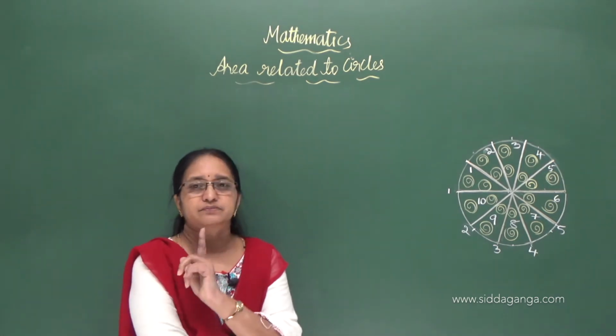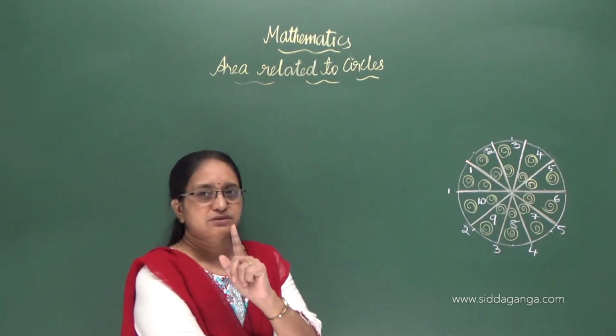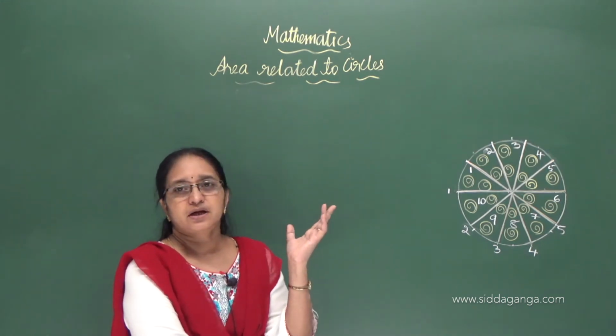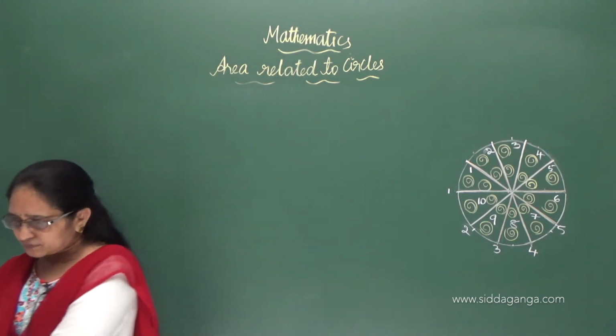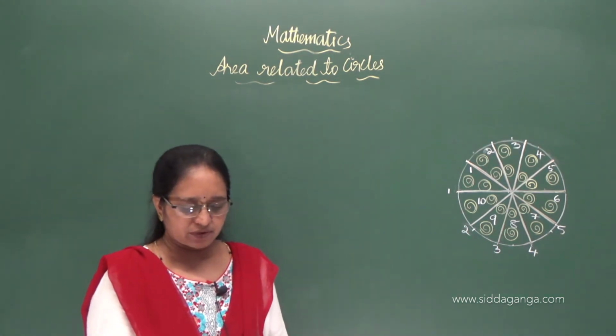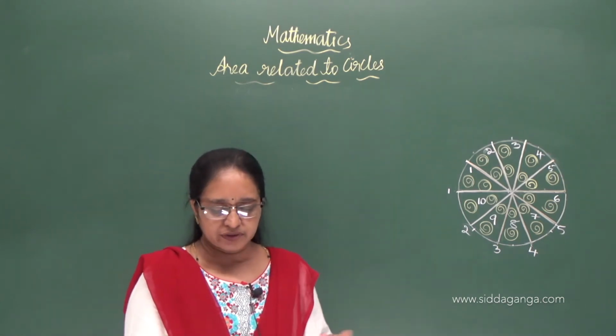Third point, they have asked you to find out the length of the silver wire needed to make the brooch. See here, the total length of the silver wire required. The brooch is made of silver wire in the form of a circle with the diameter.